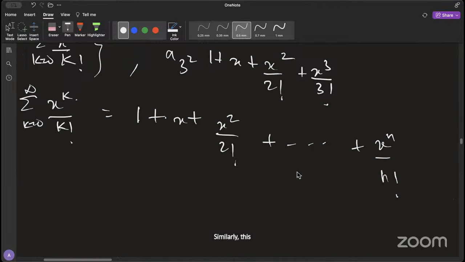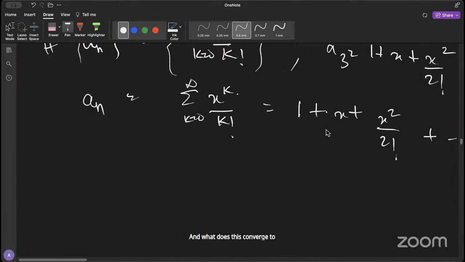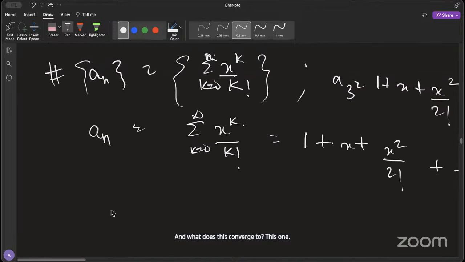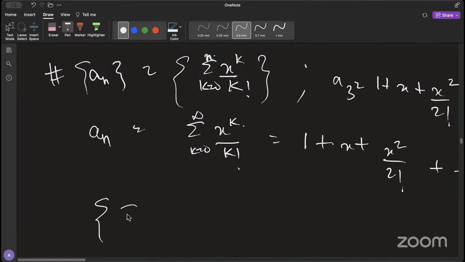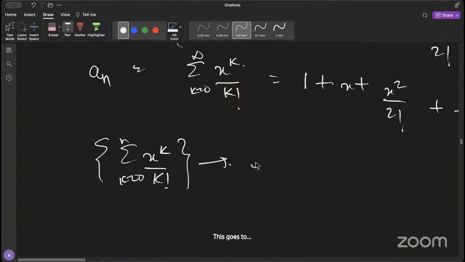Similarly, this is my nth term. And what does this converge to? This summation x to the power k by k factorial, k varying from 0 to n, goes to e to the power x as n tends to infinity.